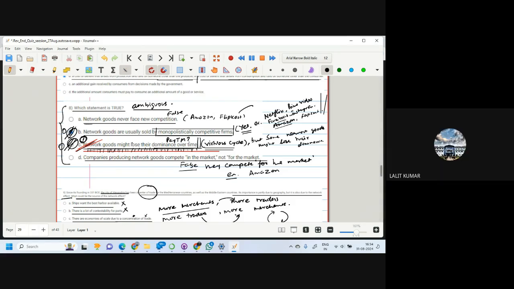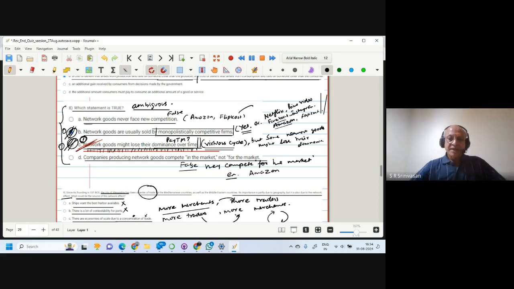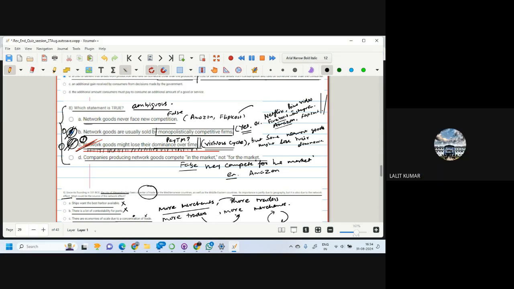Walmart is also one of the examples. Walmart is unique, not a network. I don't think you can take it as a network. Okay, in fact, if you remember the lecture, the professor had covered the mall, which is also like a network kind of thing. He had put a question mark, a shopping mall, during the lecture.